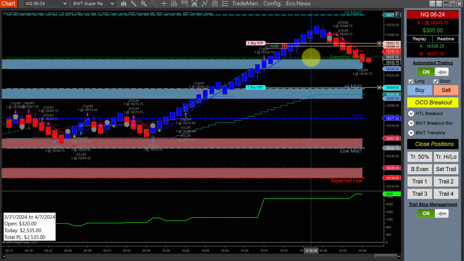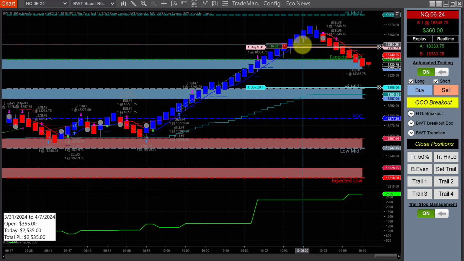So we went short here, and the first target is at the nearest core line, so kind of a short target, but the second one is the second core line away.